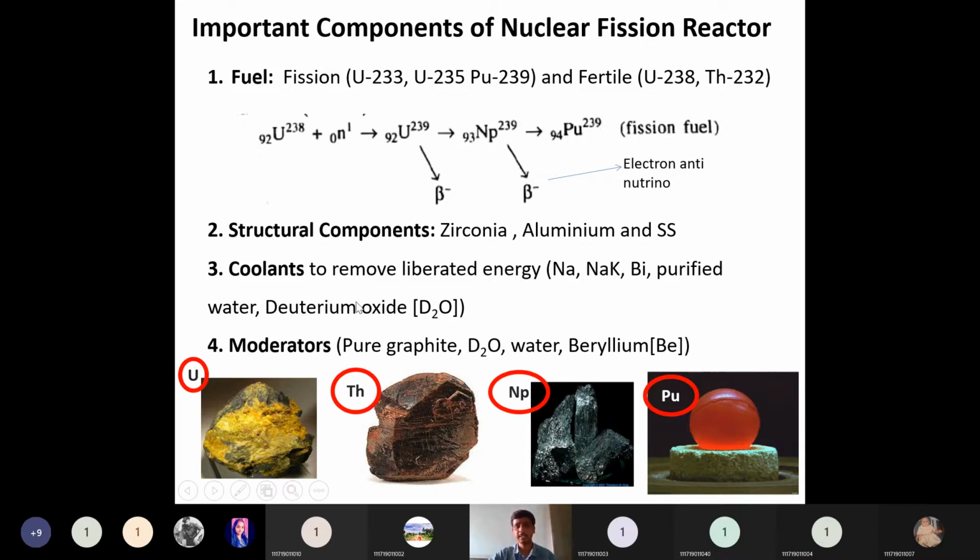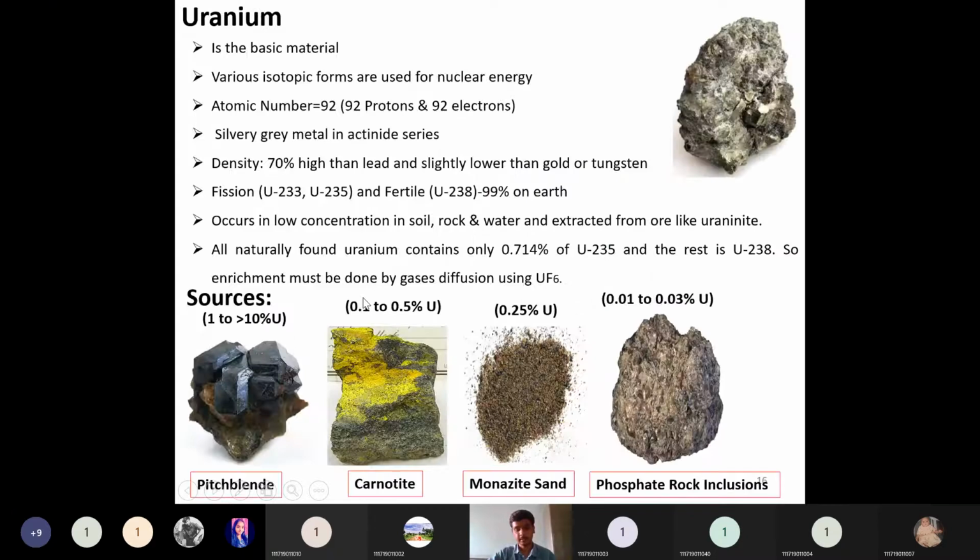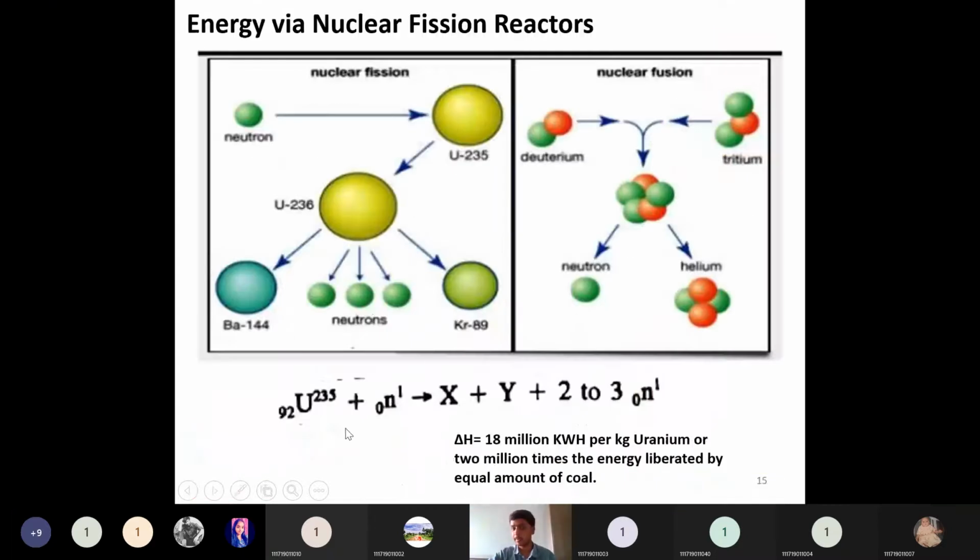The next major component is this. This reaction is a very bombarding reaction, meaning it releases a huge amount of energy. Delta H is very high, 18 million kilowatt hour per kg of uranium, so it is a very high energy giving reaction. If it is not controlled, it will have serious accidental consequences.